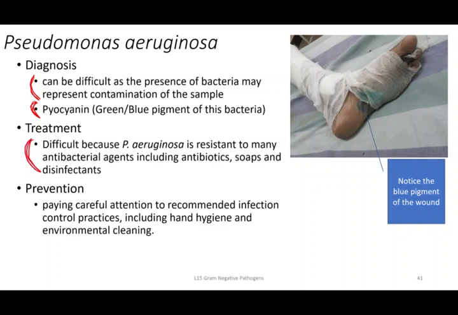Another bad news about this bacteria is it's really hard to treat because it's so resistant to so many different chemicals. So whether that is antibiotics or different chemical agents that we'd use for disinfection to clean a healthcare facility to try to minimize those healthcare-acquired infections.